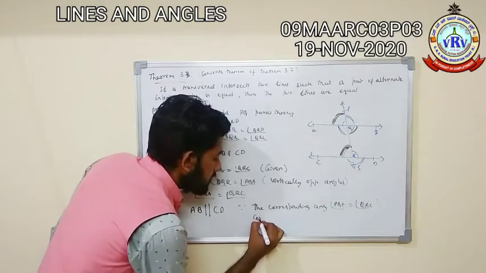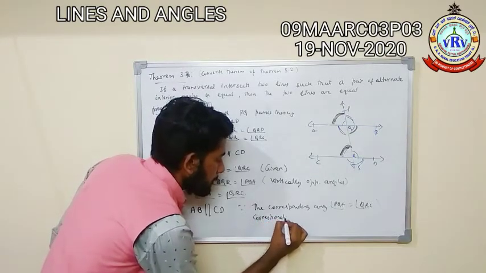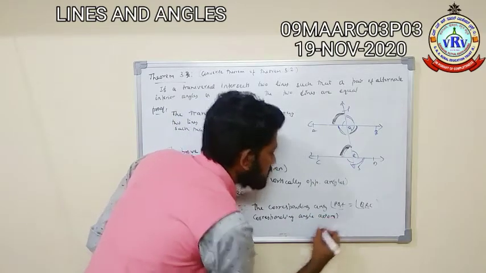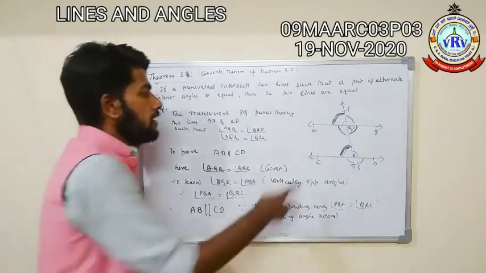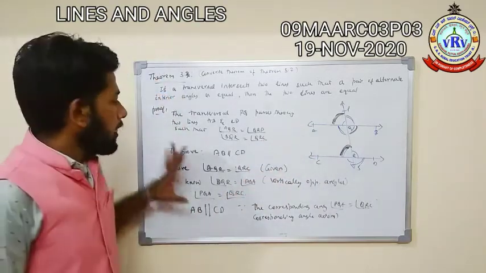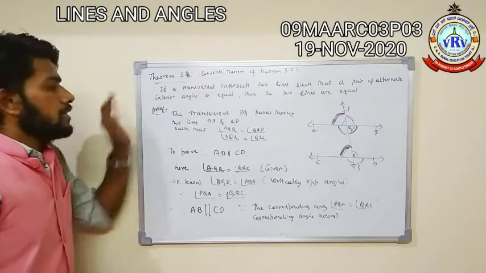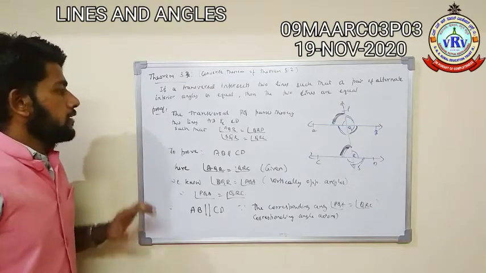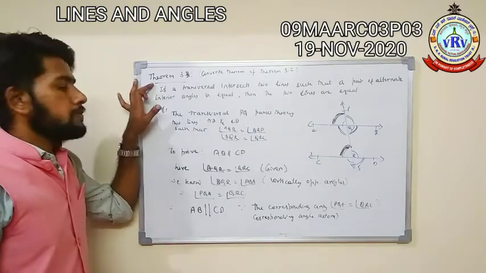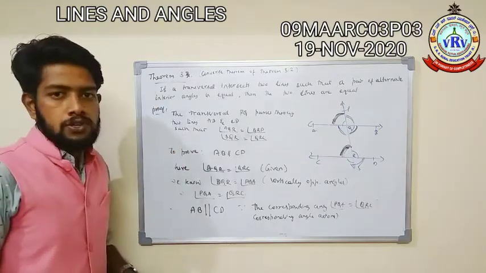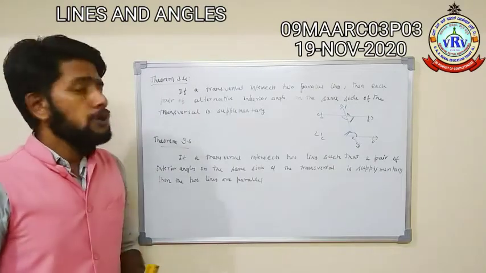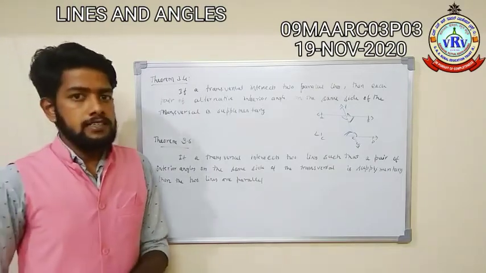The reason is the corresponding angle axiom. From the corresponding angle axiom, we can tell if two corresponding angles are the same, then these two lines are parallel. That we have to prove in this theorem 3.3. Just go through this proof and don't confuse theorem number 3.3 and theorem number 3.2. The proof of 3.3 and 3.2 is very simple, isn't it?